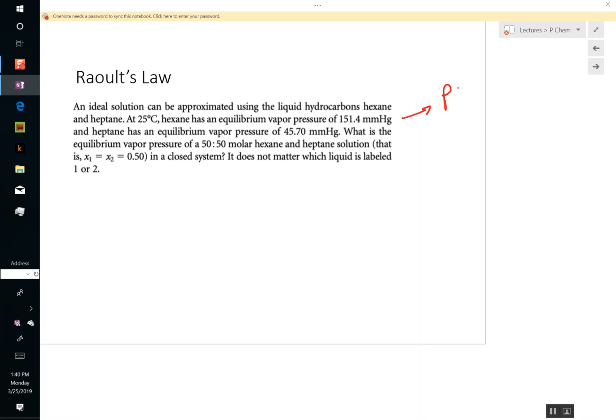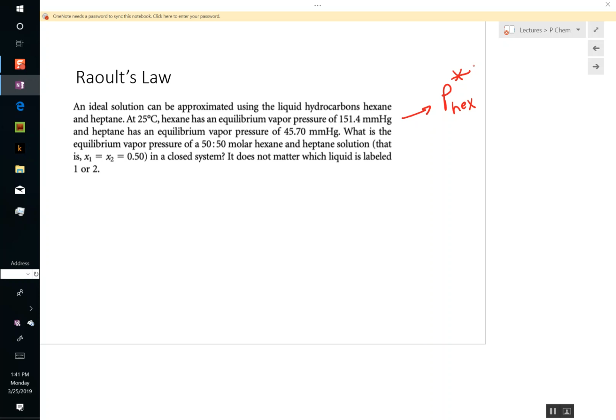So this is the vapor pressure of hexane, with the star on it, if it was pure hexane. In these problems, I really suggest, on a test or problem set, if you have a word problem, label the data.